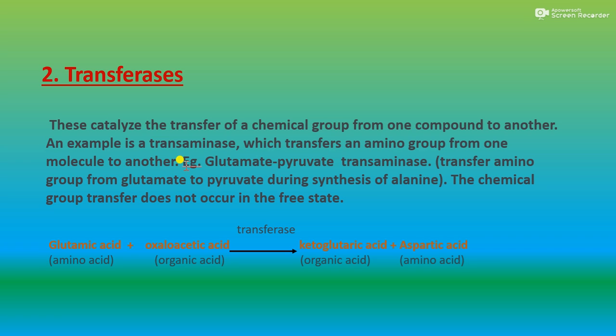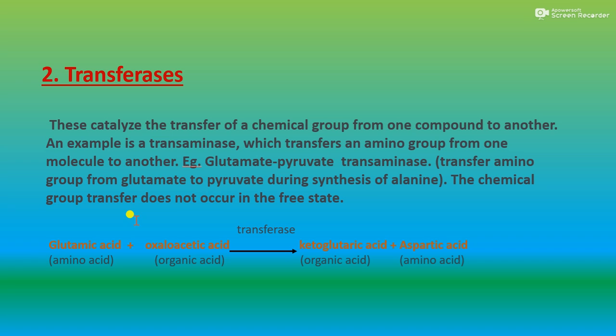For example, glutamate pyruvate transaminase transfers an amino group from glutamate to pyruvate during the synthesis of alanine.